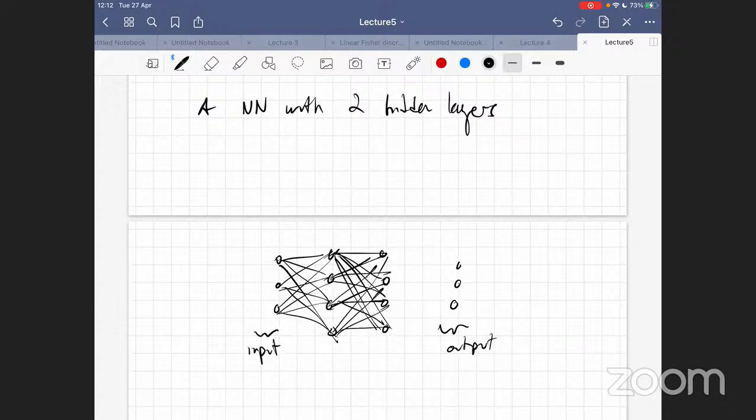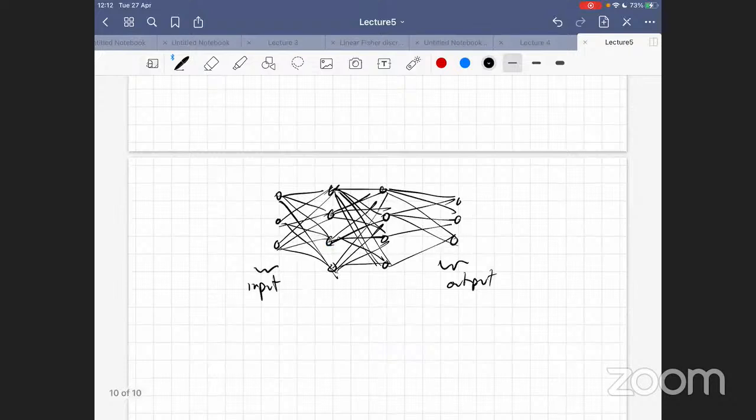Of course, there are many architectures now in the market, and every month you have a bunch of new ones. But the idea is that only the last layer is connected to the output, right? So how would the model look?